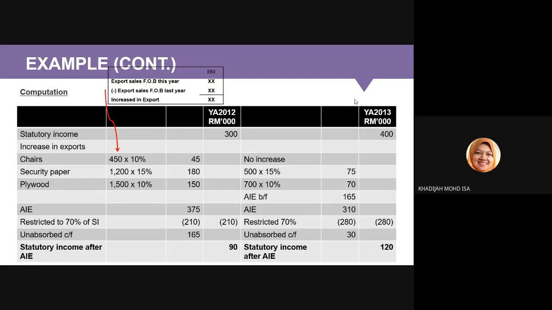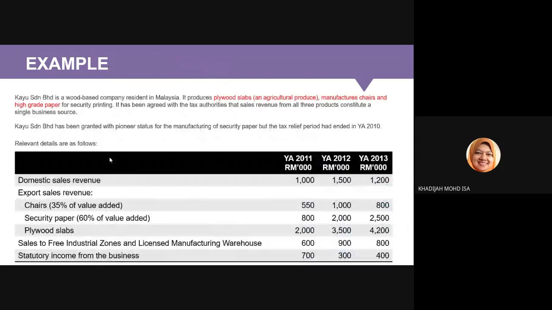I just want to confirm on how you get that 450, 1,000 and 1,500. I just want to confirm that. Can you go back to the information, Doctor? Okay, hold on. Because you start in 2012, was it? Your tax computation is in 2011 or 2012? Yes, it is 2012, Doctor.